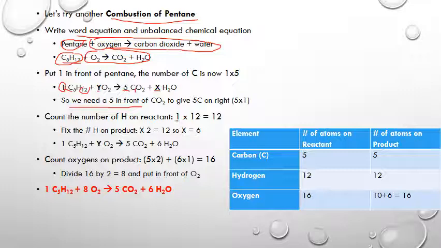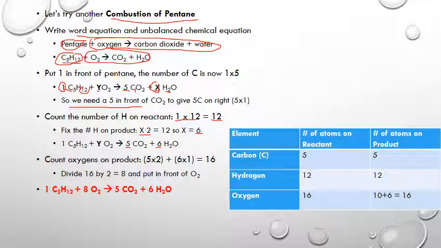So it's 1 times 12 is 12. Now you need to have the same amount over on the product side. So you have 2 here. So x times 2 has to equal 12. So what number here times 2 is 12? Well, it's 6. So I put that here. So I have my carbons and my hydrogens.